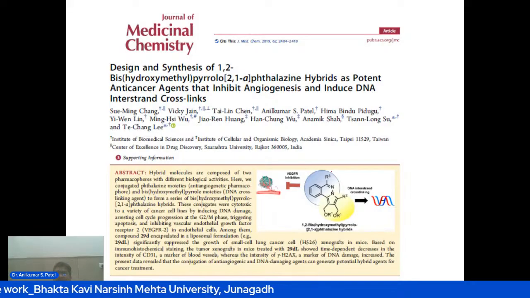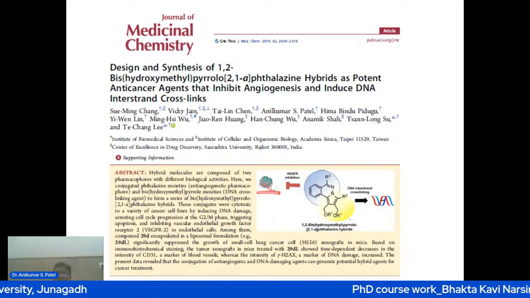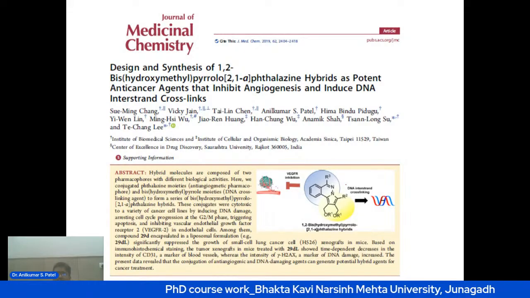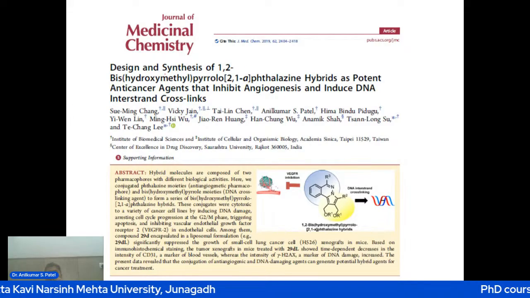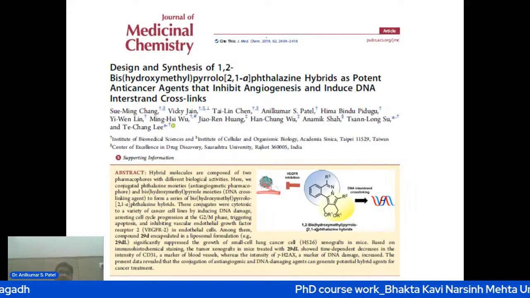You can see that this phthalazine hybrid with the bis-hydroxymethylpyrrole produces very good DNA interstrand cross-linking, and it can inhibit angiogenesis and induce DNA intrastrand cross-linking. We published this work in 2019 in the Journal of Medicinal Chemistry.